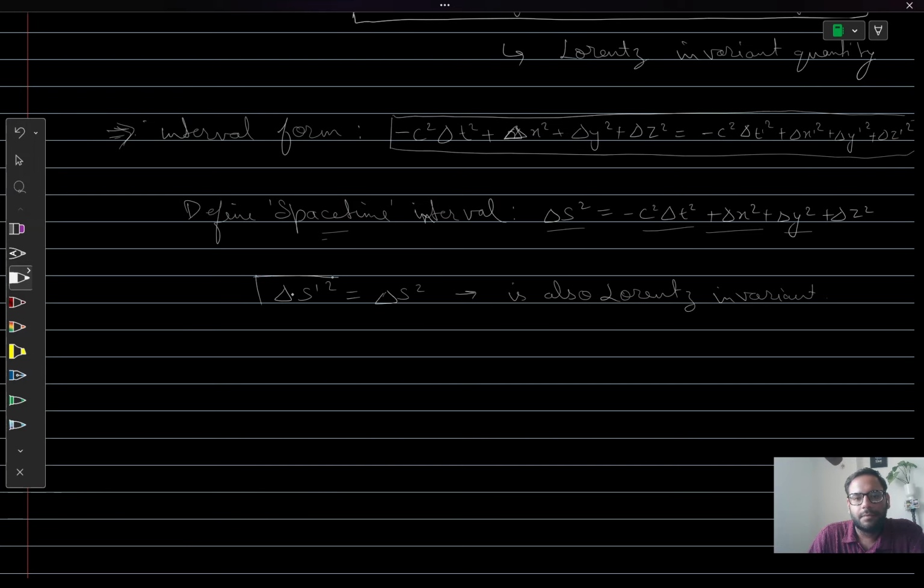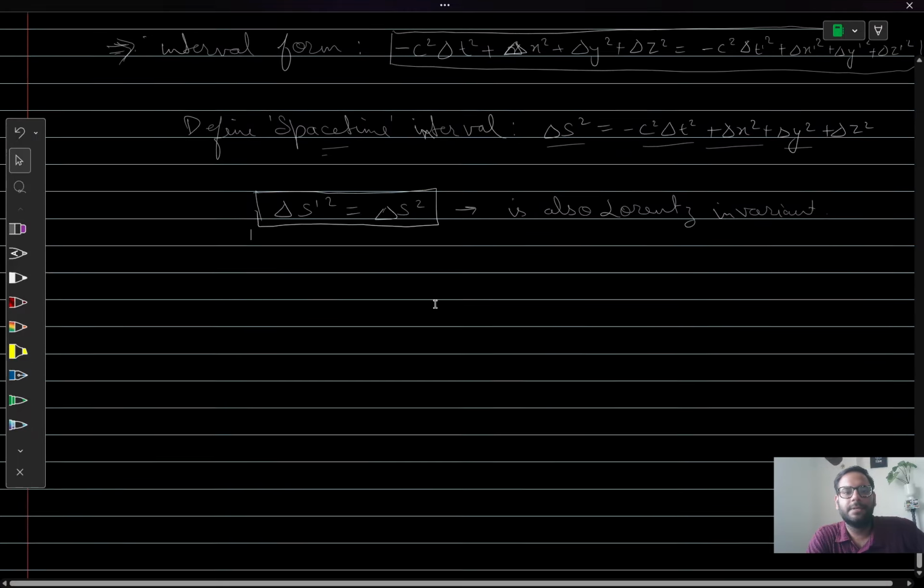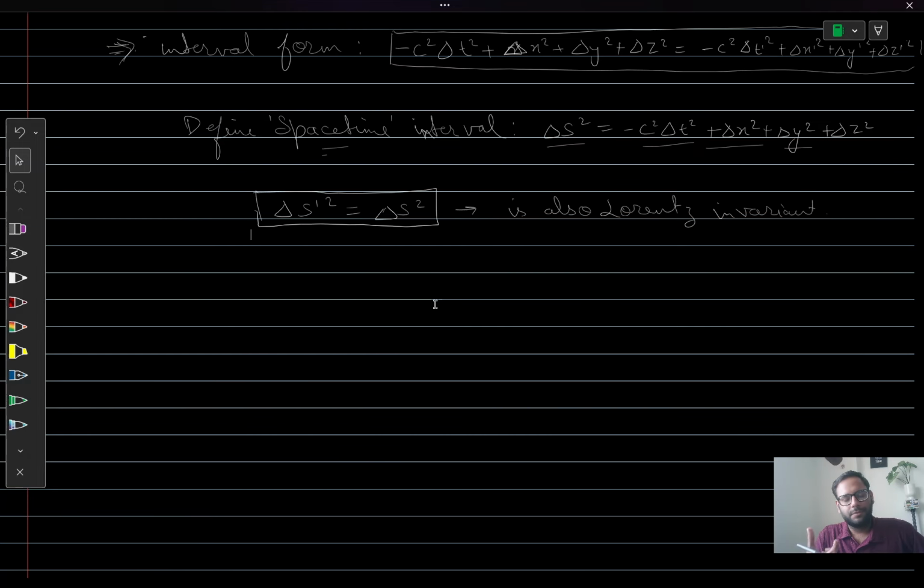You can just define it, and physically think of this as the distance in space-time. It is just a distance in space-time, just like any vector has a particular magnitude, and no matter which frame you observe its magnitude in, it will be invariant. Just like this in three spatial dimensions, any magnitude can be defined like this.